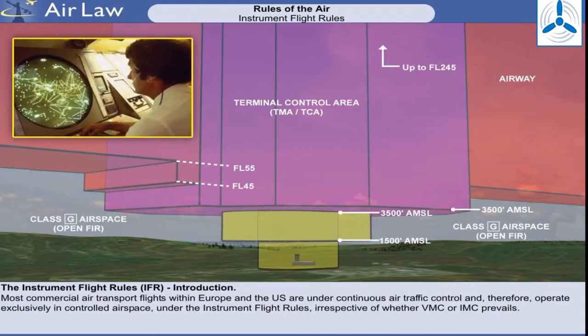In fact, most commercial air transport flights within Europe and the United States are under continuous air traffic control, and therefore operate within controlled airspace under instrument flight rules for the whole flight, irrespective of whether visual meteorological conditions or instrument meteorological conditions prevail.